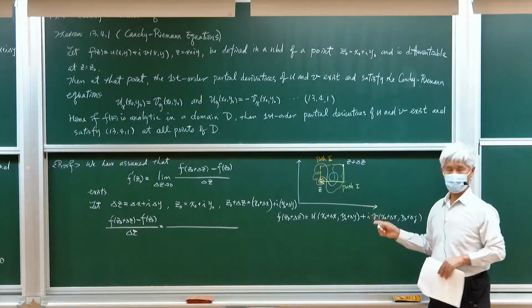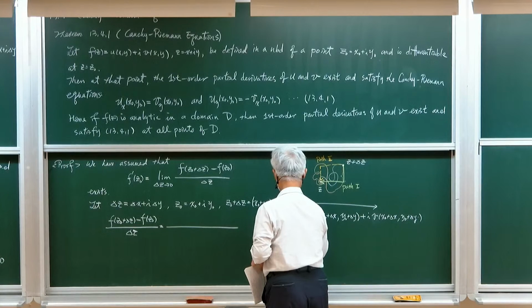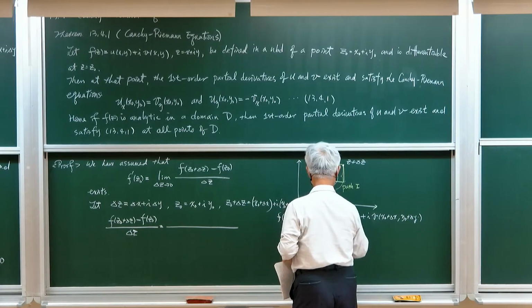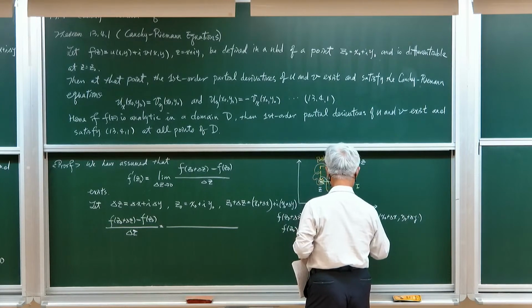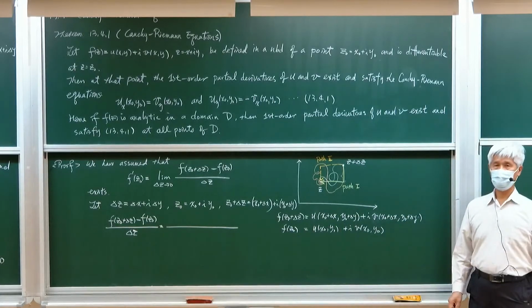And f of z0, which is u of x0, y0 plus i v of x0, y0.